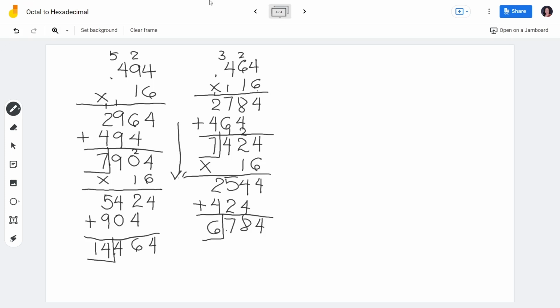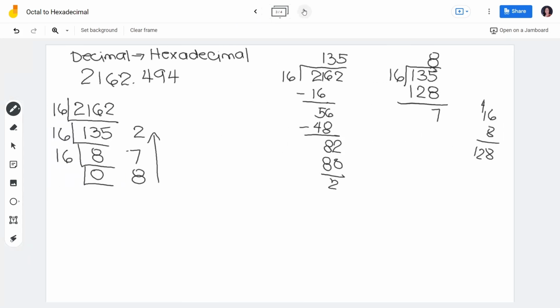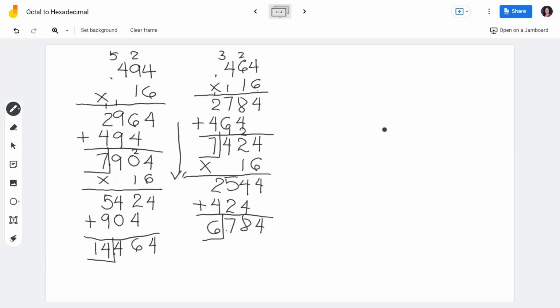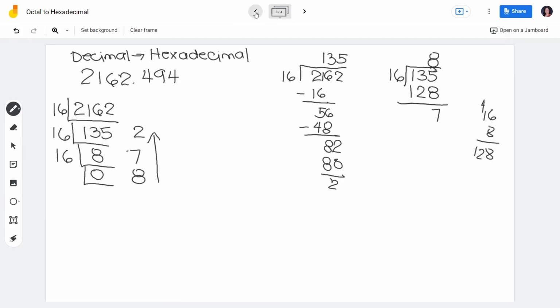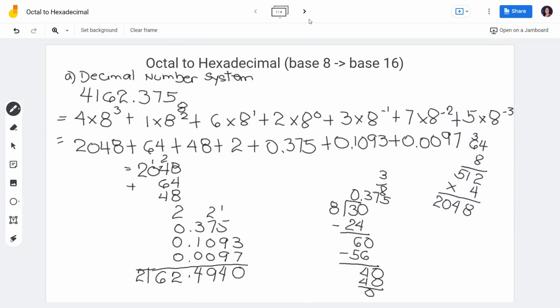Our final answer is 872 point, we have 7, 14 is in hexadecimal E, and then 7, 6, base 16. Okay, very tedious, right? So that is the first method, going through the decimal number system.